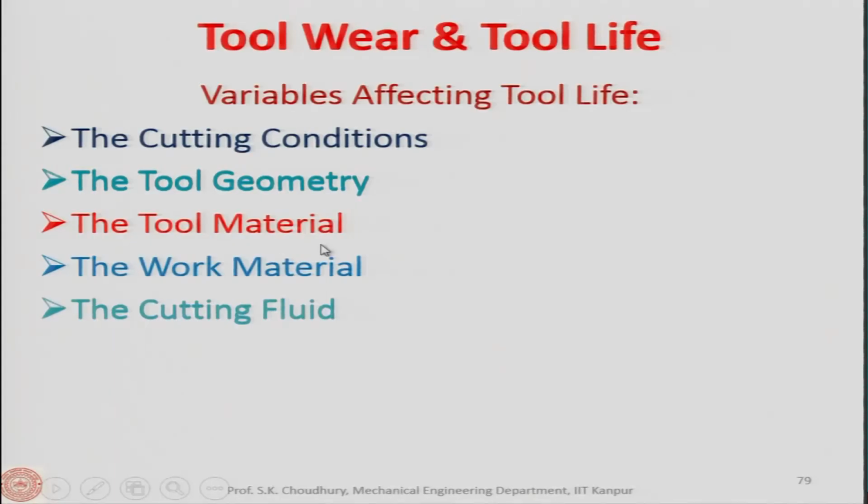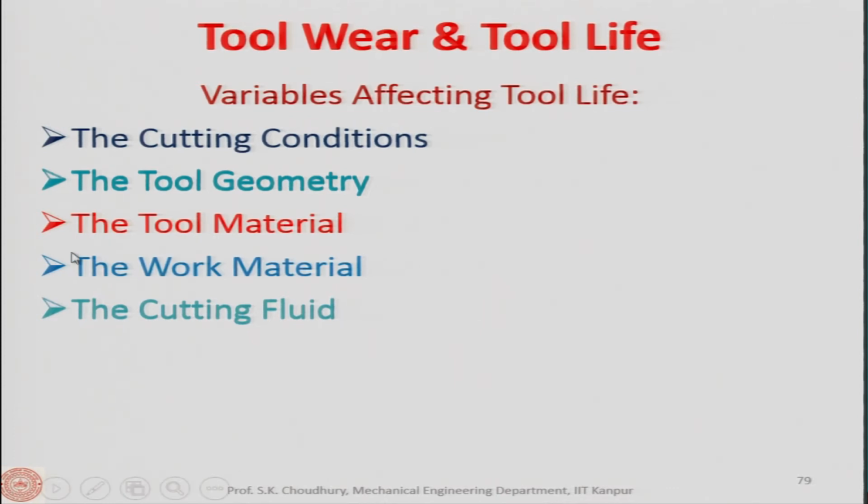This is very obvious. Going ahead, I should tell you that if the tool material is soft, the tool wear will be more if the workpiece is hard, for example. Okay. So, in that case the tool material has to be properly selected in case the work material is hard or brittle.